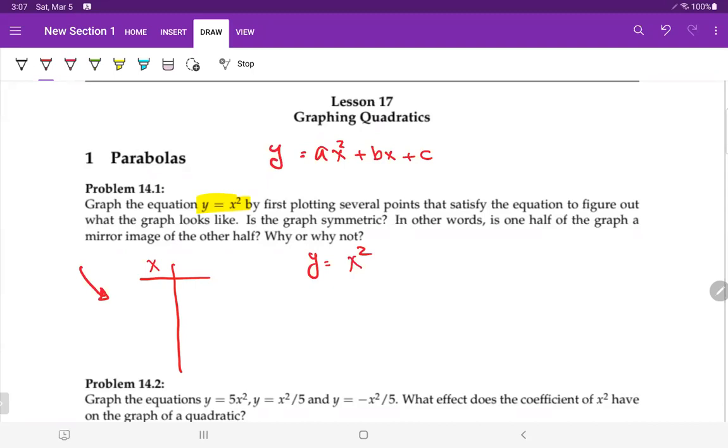Because we don't know how the graph of this function is going to be, it's a good idea to have many points. And it's a good idea to have negative and positive points, okay? We just need to pick from our mind. So I'm going to take -3, -2, -1, 0, 1, 2, 3.